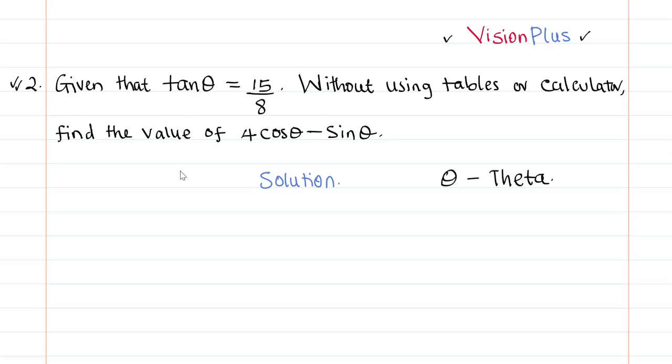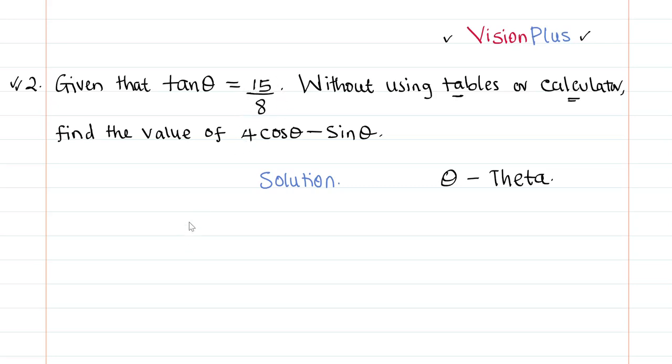The best way we can solve this is, we have been told not to use tables or calculators. Therefore, we cannot get the angle theta by pressing the calculator and getting the tan inverse of this given number.